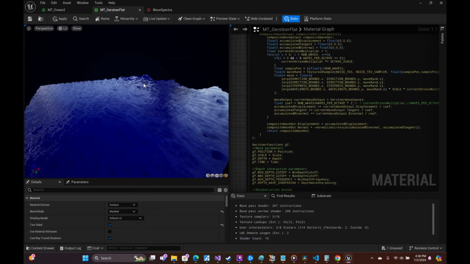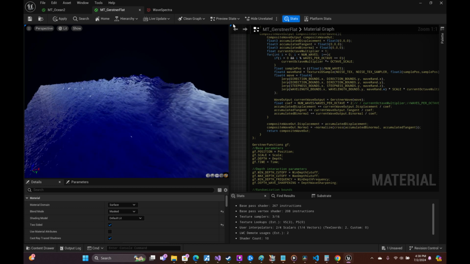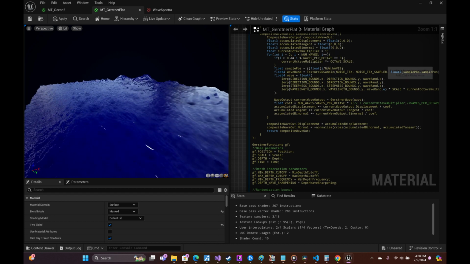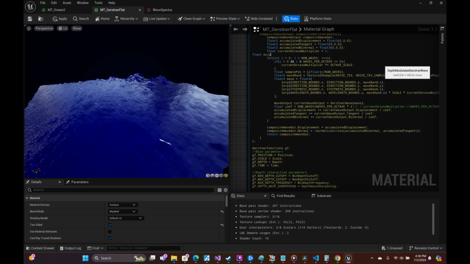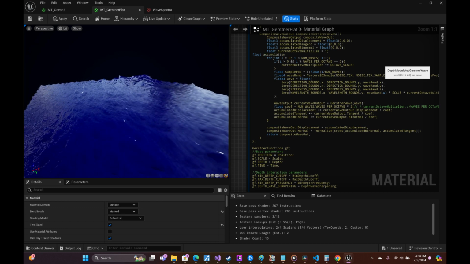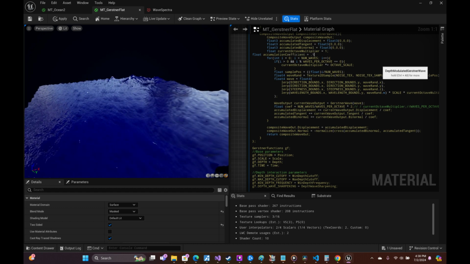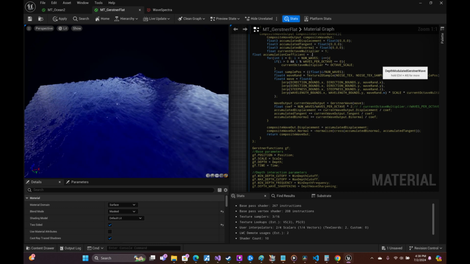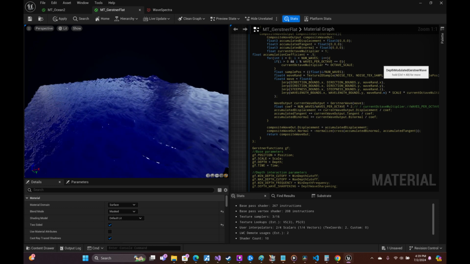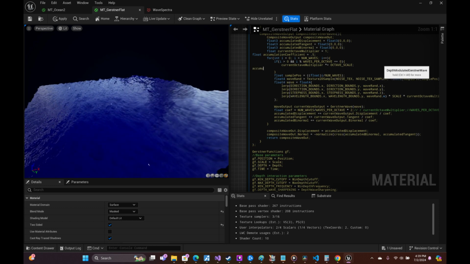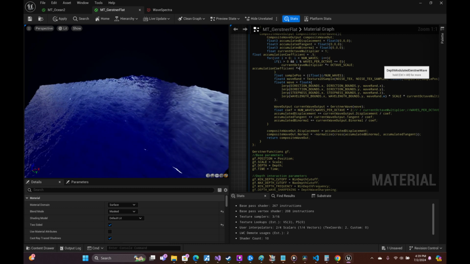Okay, so let's think about this. There's probably some relationship to our octaves. Let's just do a float accumulation coefficient. We're going to start it at 0.5, and then every time we go up an octave, it will times equal itself.